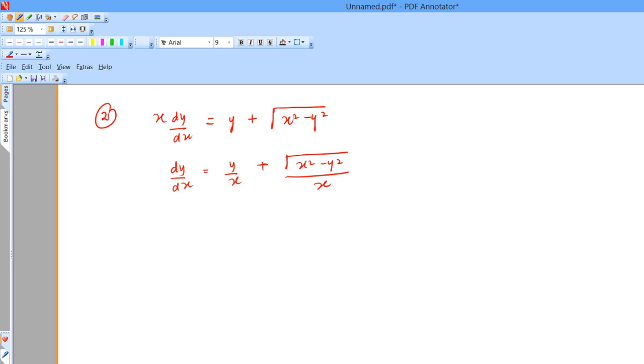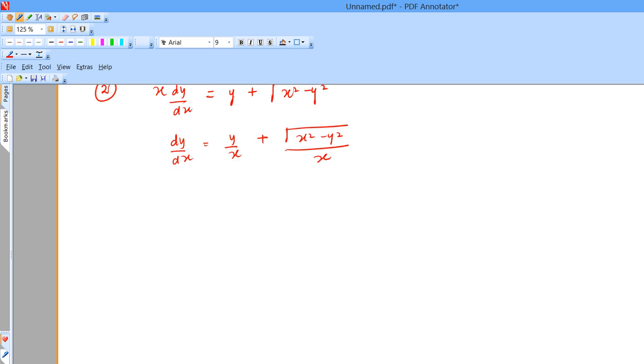How do we simplify the right hand side? Since we have a radical, we can substitute v equal to y over x, or rather y equal to vx.